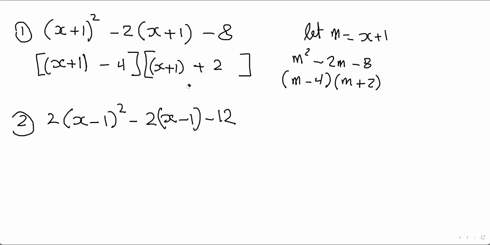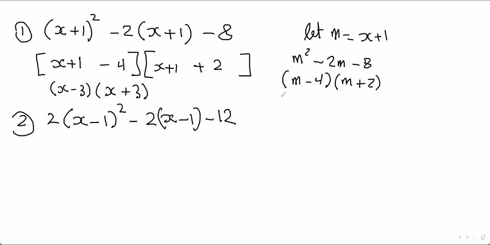Then they should realize that these brackets now have no purpose whatsoever, so we don't need to keep them. And therefore, your final answer is x minus 3 and x plus 3. Plus 1 minus 4 is negative 3. And plus 1 plus 2 is 3. And that's what they give there.